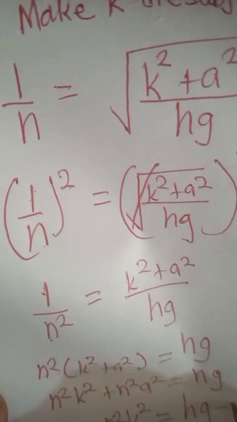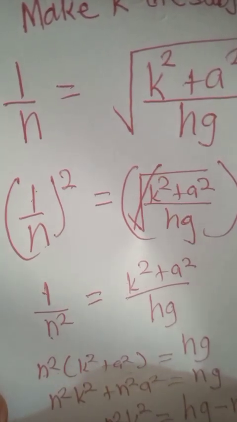So that will be minus n squared a squared. You can see that there is n squared attached to the k, so we need to eliminate that by dividing both sides by n squared.